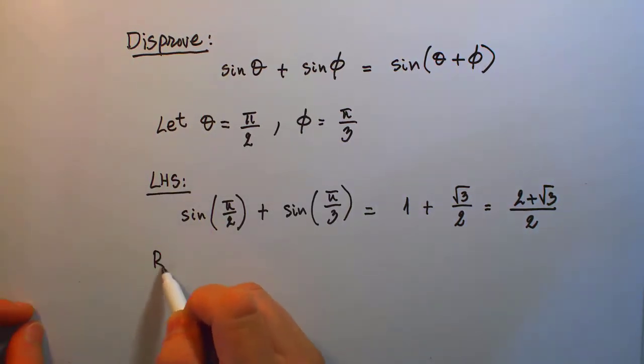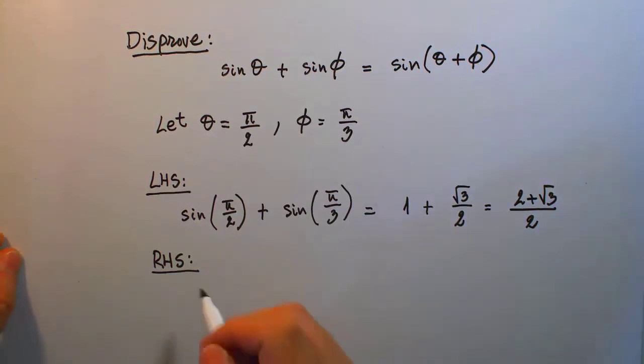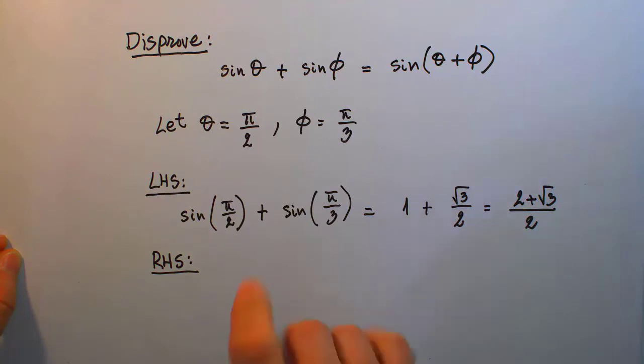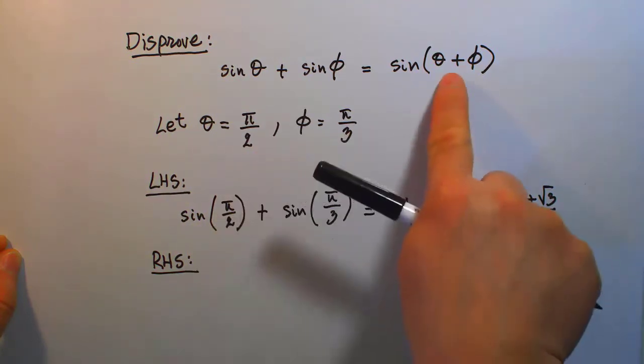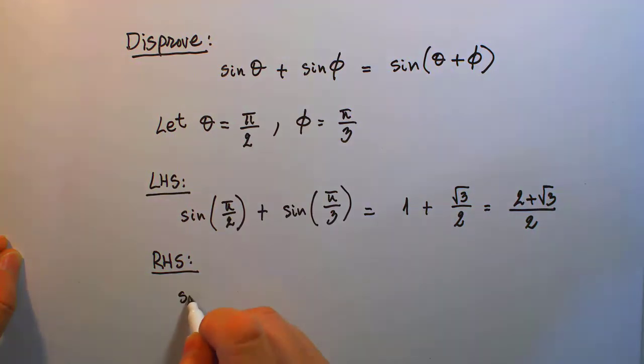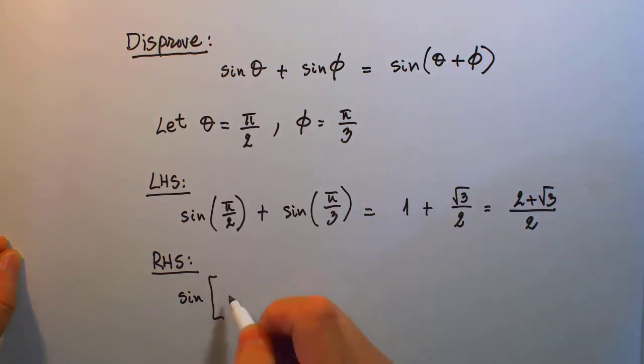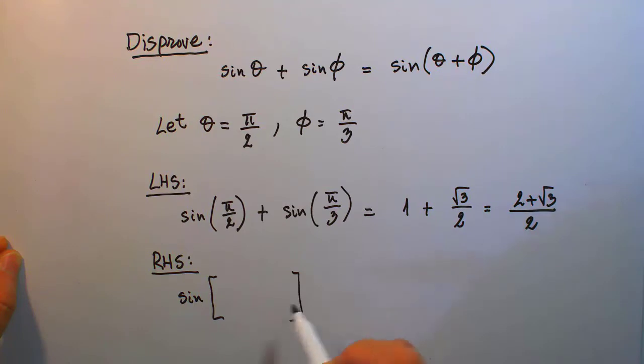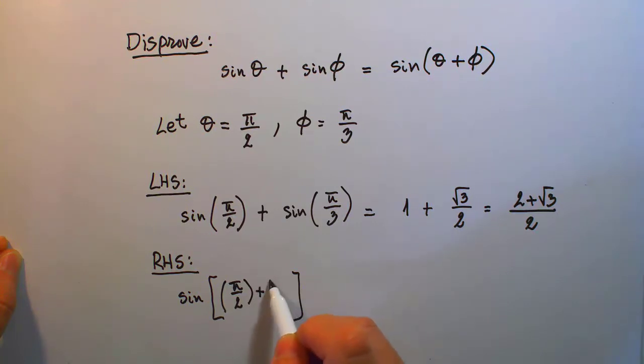The right hand side, let's find out. If we substitute both of these two values in place of the two variables on the right hand side, we're looking at something like this. Sine of, open parentheses, pi over 2 plus pi over 3.